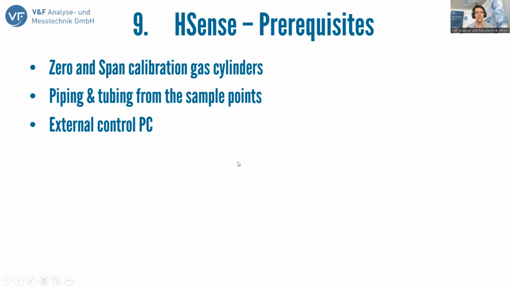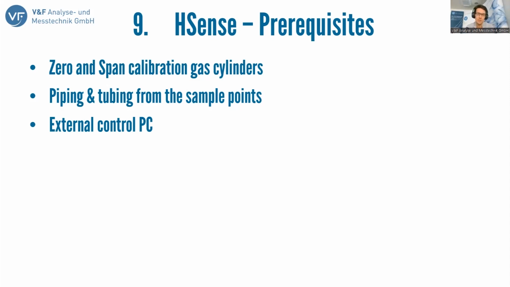So I've briefly mentioned before some prerequisites which we require from customers that need to be present on an installation site in order to operate the instrument according to our needs. What we need is zero and span calibration gas cylinders.